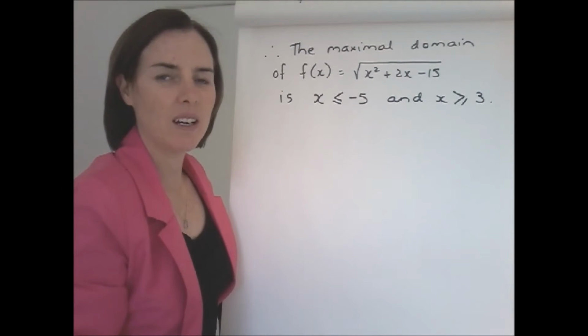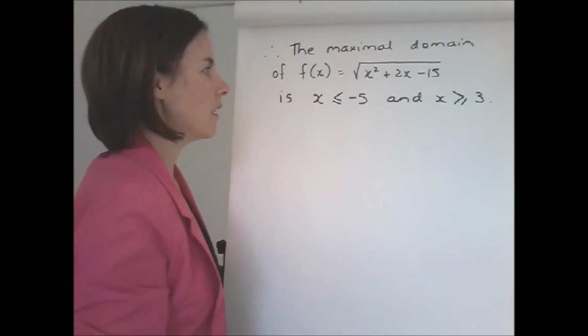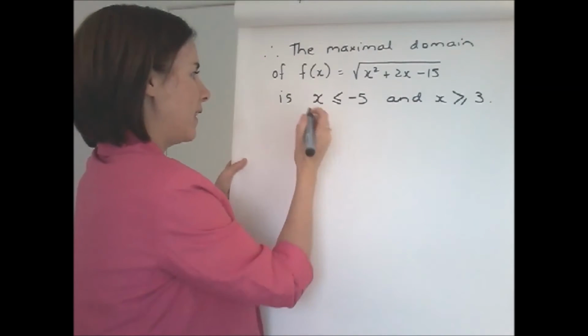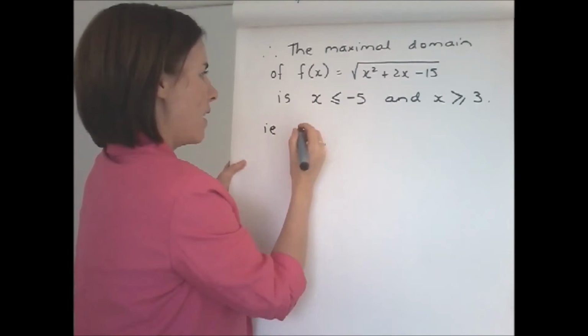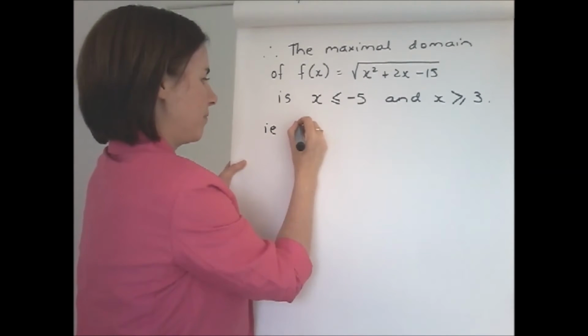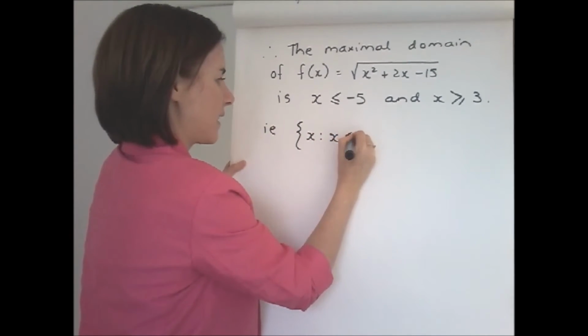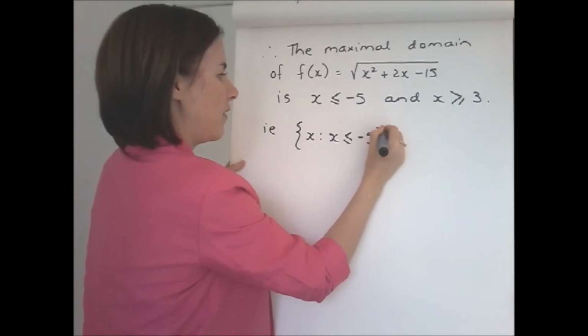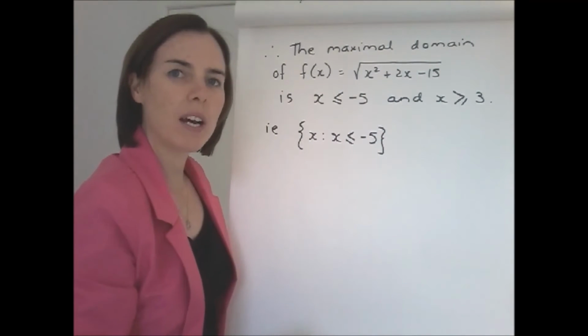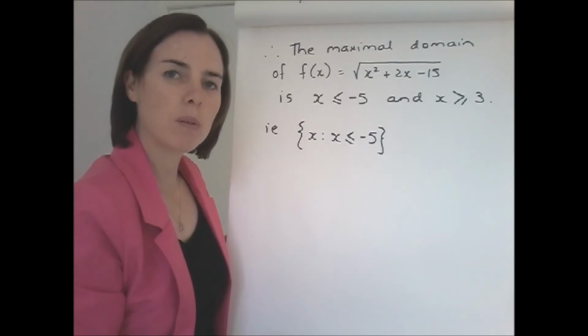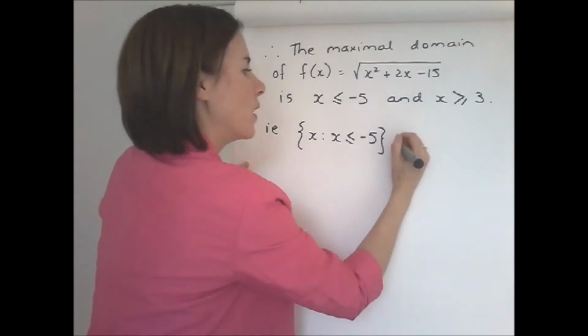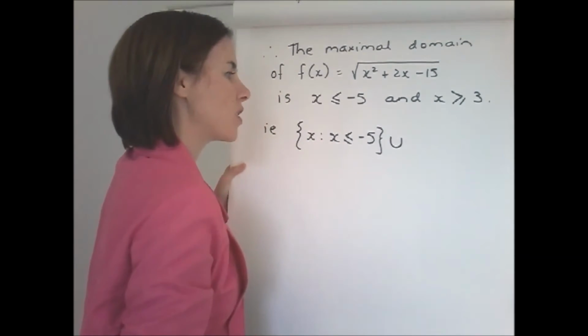Now that's not really a wonderful way to write our answer. I'm going to write it again as set notation. So x such that x is less than or equal to negative 5. And if we're combining two separate regions, but we want them in the same answer, we put a U, and it means the union.